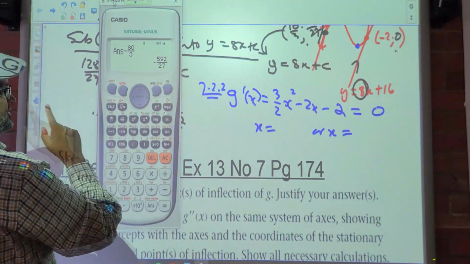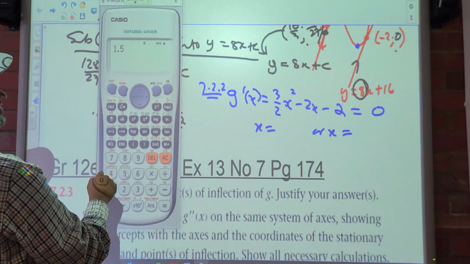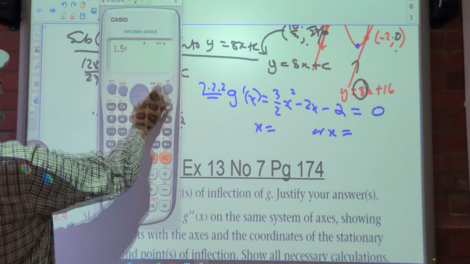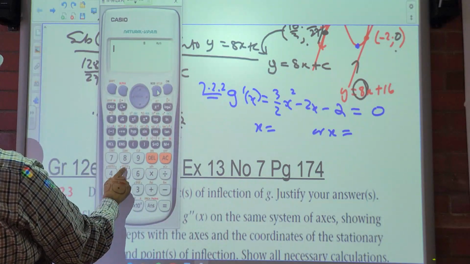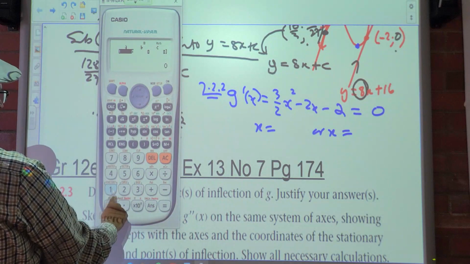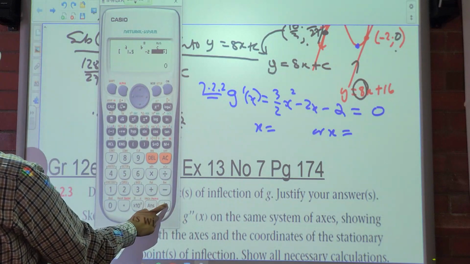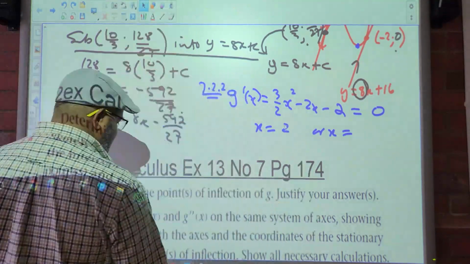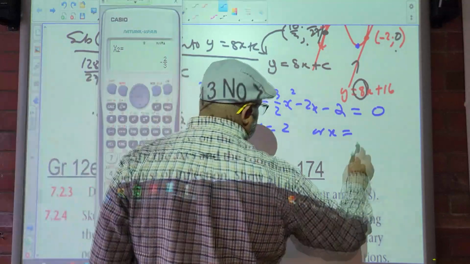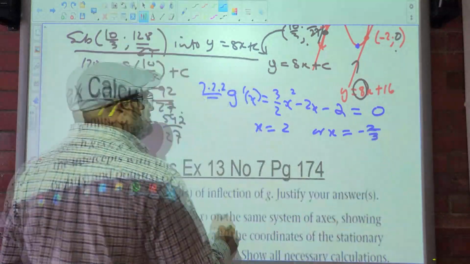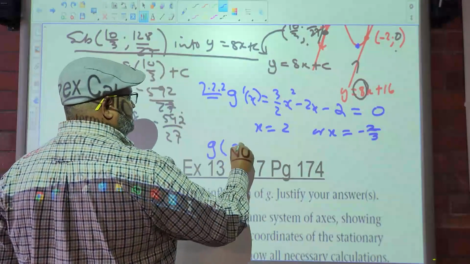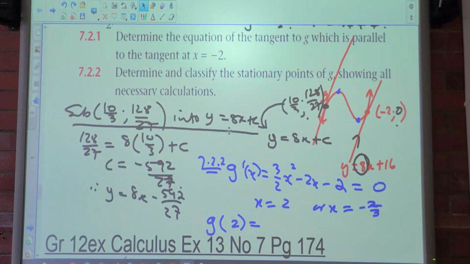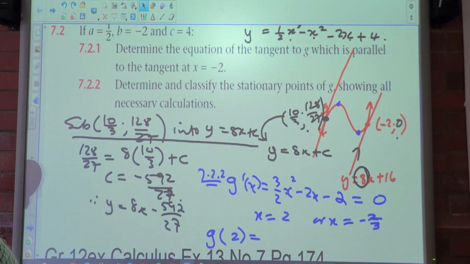So we substitute. So you've got 1.5, let's work out my x values. It gives me x values of 2 and negative 2/3. So what we do is, wherever we see an x, we put the value into the original function.